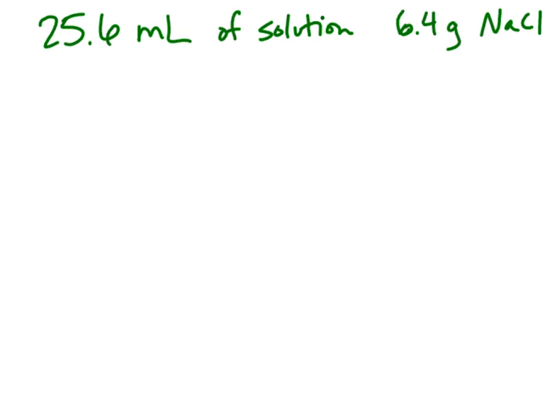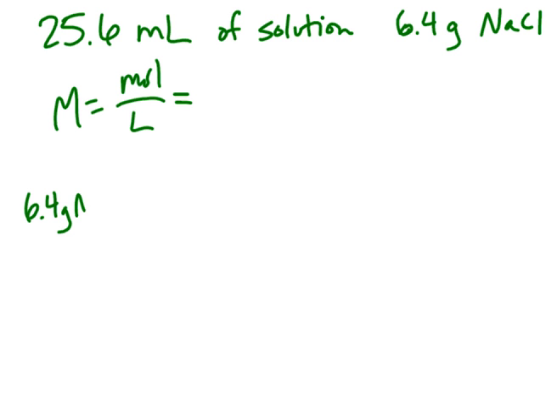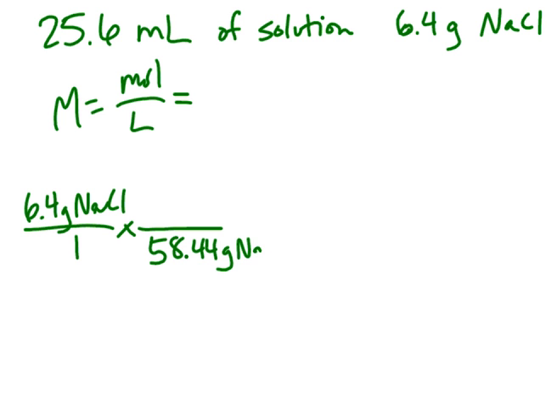What's my molarity? I know that molarity is equal to moles over liters. For the moles, I have to use the molar mass of sodium chloride, so 6.4 grams of sodium chloride over 1, times 1 mole of sodium chloride over 58.44 grams.